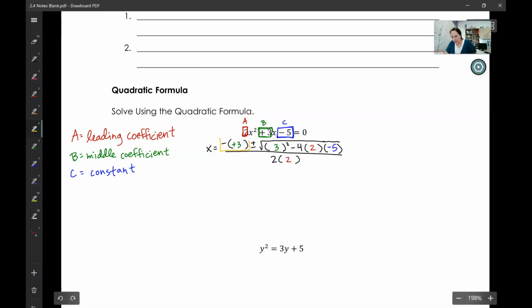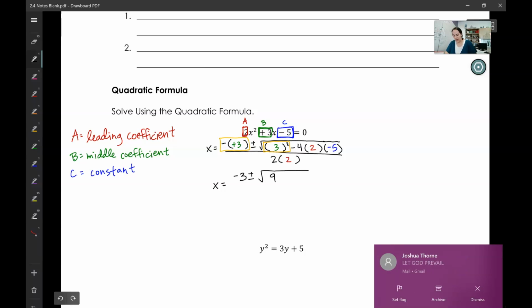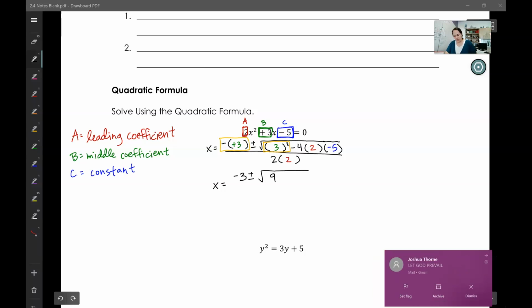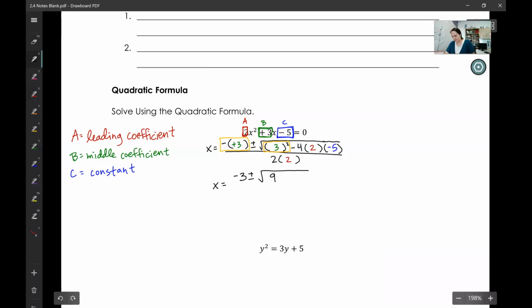So I would recommend simplifying this part first. So we have x equals a negative positive 3 is a negative 3 plus or minus square root. Next, I would simplify this part. 3 squared, that's going to be 9. Then next I would simplify this part.